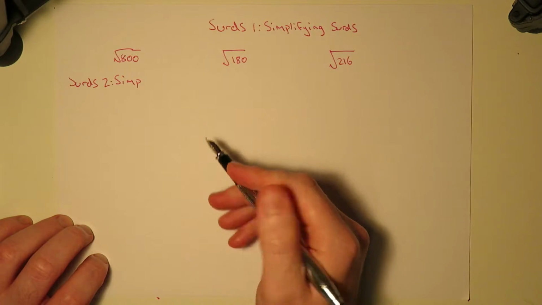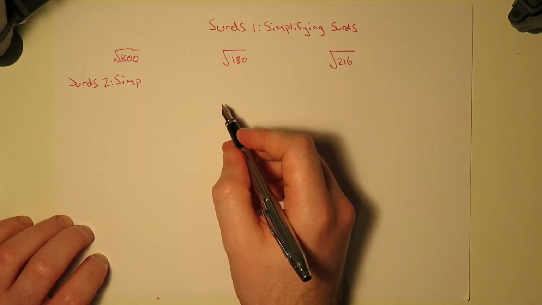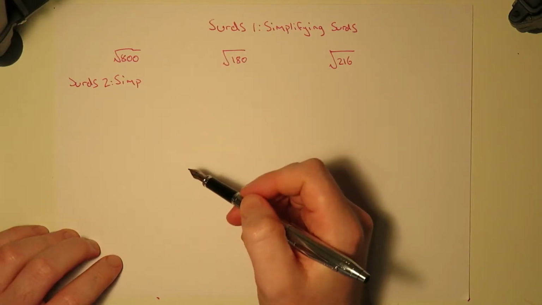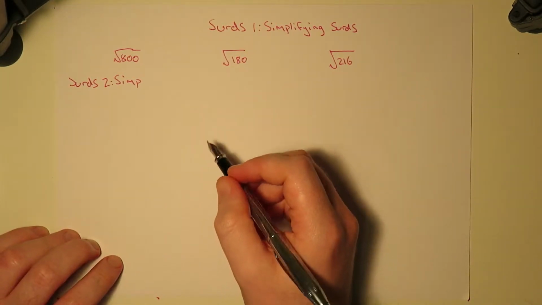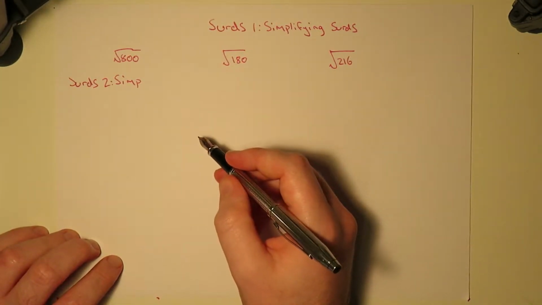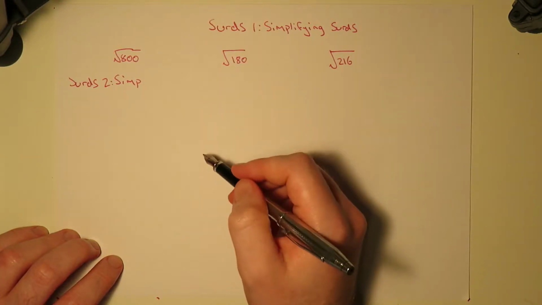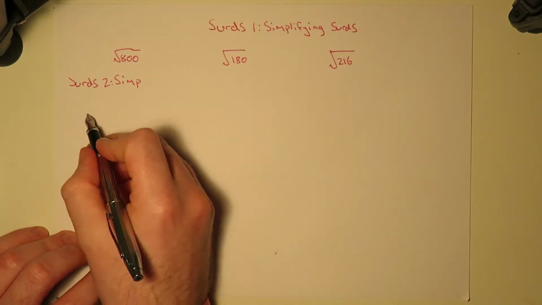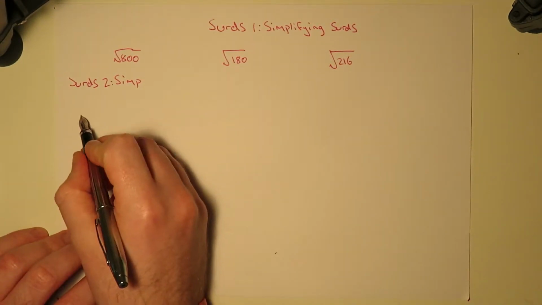So this one here. You need a square number that goes into this. How can you split that up into a square number? If you remember the square numbers, 1 doesn't really matter.